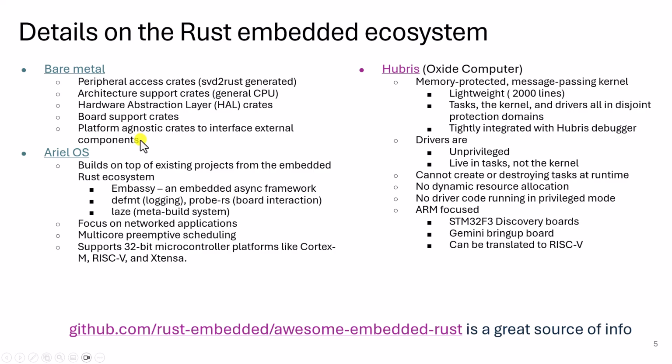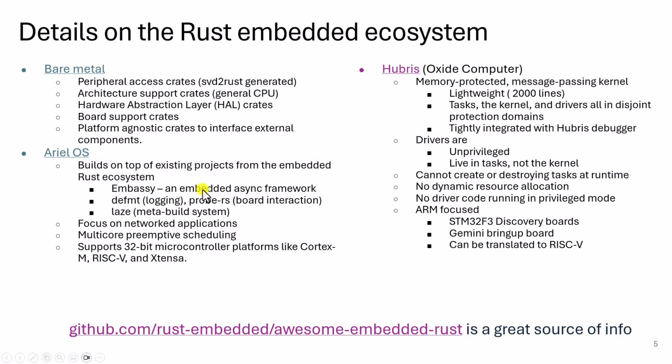One of the operating systems that's available in Rust for embedded systems is Ariel OS. What's interesting about it is it actually builds upon existing projects in the embedded ecosystem. So these are a few that it uses.